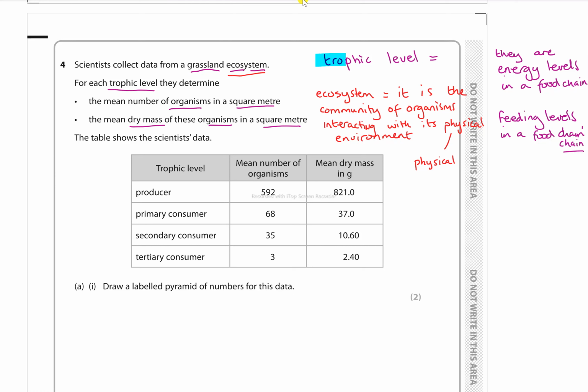So, trophic level and ecosystem. If I come across a more concise definition, we'll make a note of that.